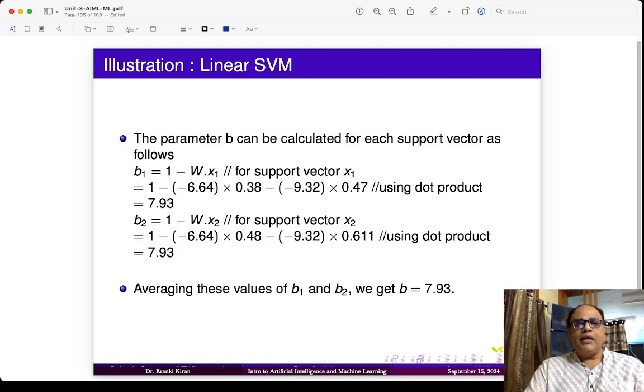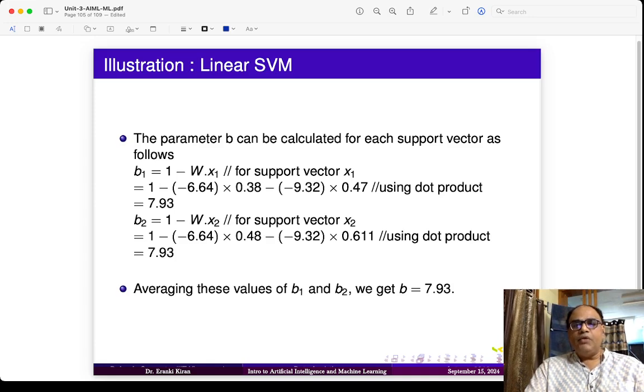That can be calculated by simply subtracting, 1 minus w of x1. Here, x1 is the value given in the data set, and w is what we have found. Similarly for w of x2. Once you find the dot product of these values and average b1 and b2, you get the b value.